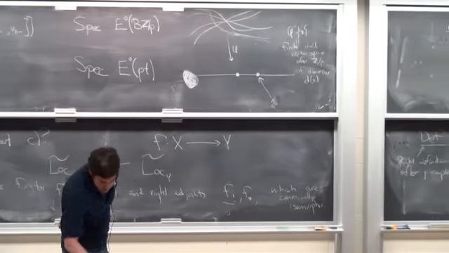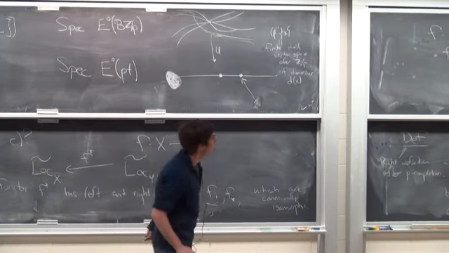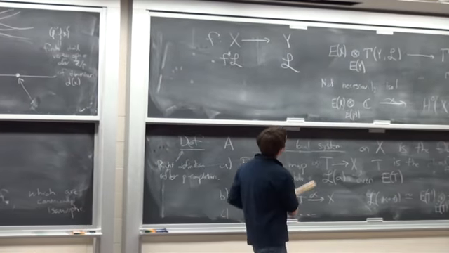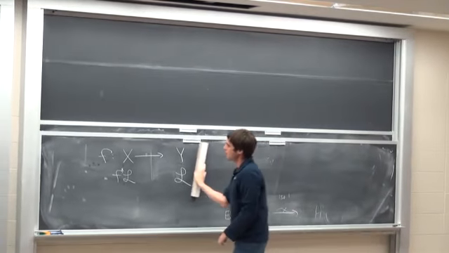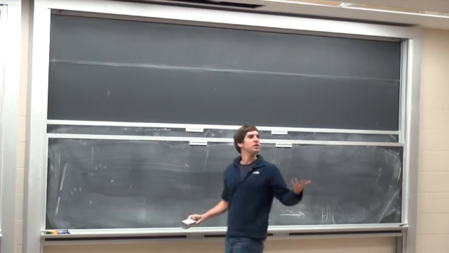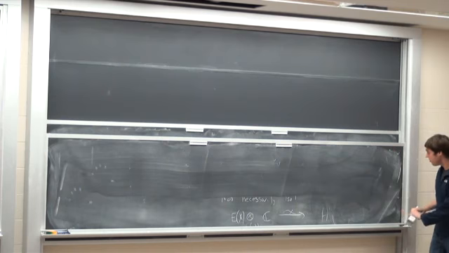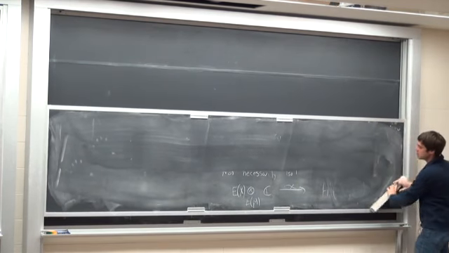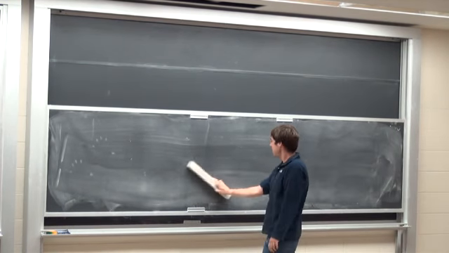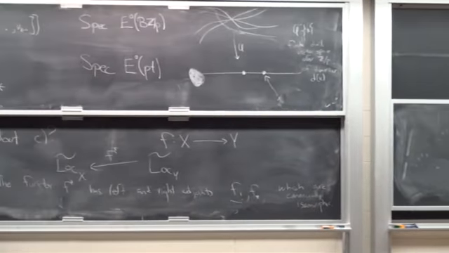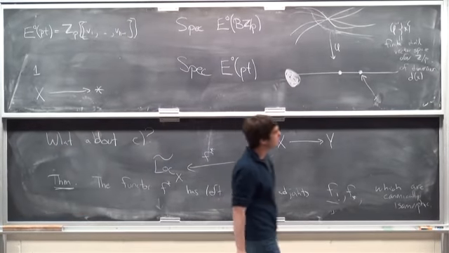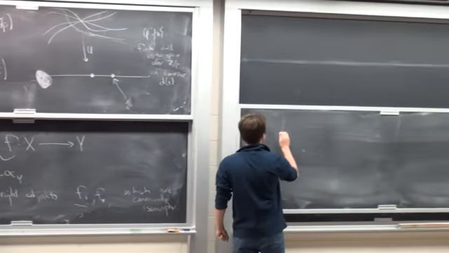So I think now I'm out of time. But let me just conclude. I promised you at the beginning that I would somehow connect this to topological field theories. So let me just conclude by indicating that this theorem powers the construction of a topological field theory. Let me be a little bit more specific about that.